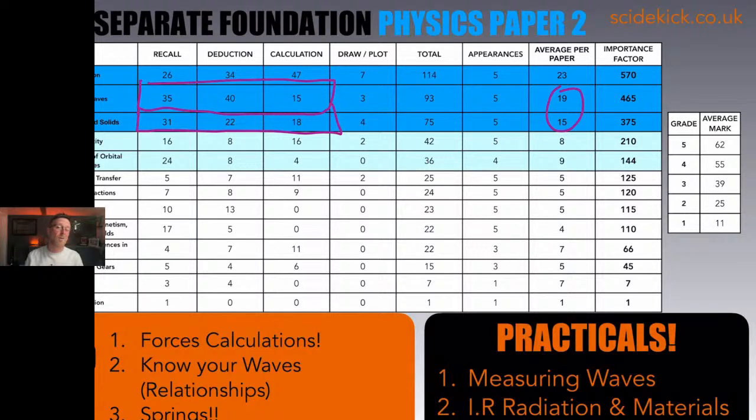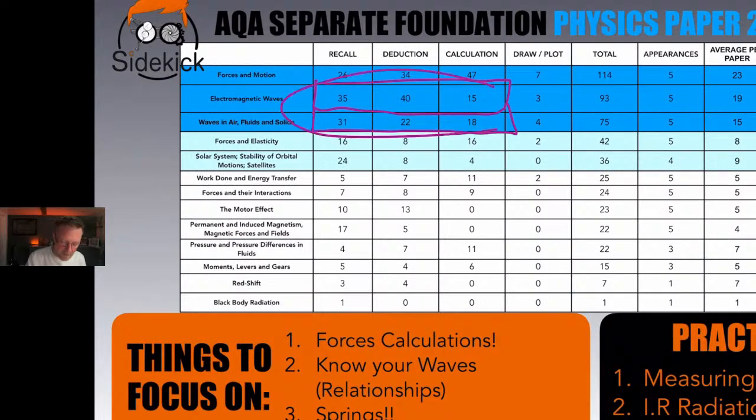So that is 34 marks on average per paper, okay? So that is why you should really focus your efforts on some waves, knowing your electromagnetic waves, like the order in which you see them, the trend in frequency and wavelength, calculating wave speed, all those things. And again, it's practice, practice, practice.